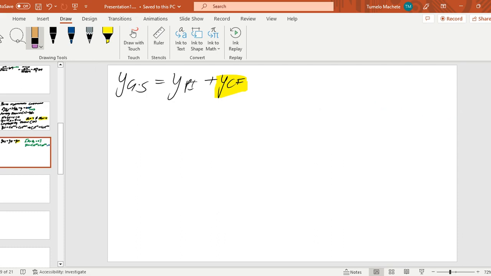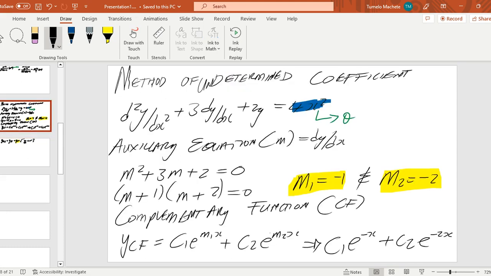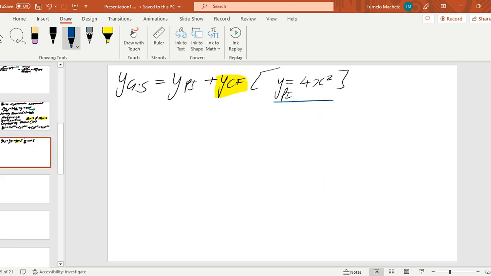Now let's go to the YPI. You're going to have to consider the 4x squared, the one on the right hand side, the value of Q. For your YPI all the time, you have to consider the value of Q. So YPI is based on Q, the value on the other side.